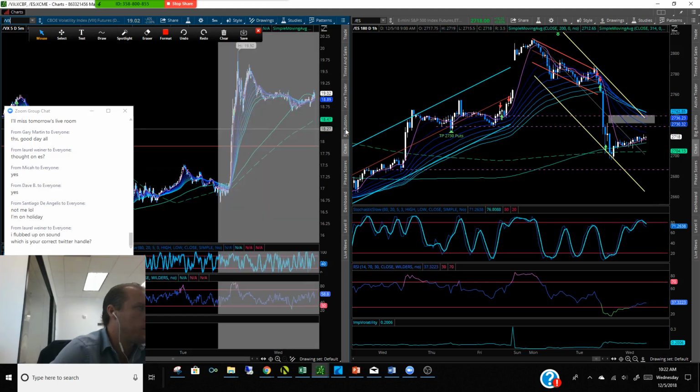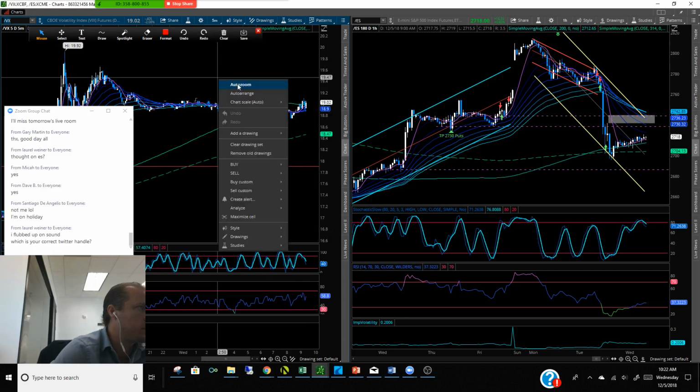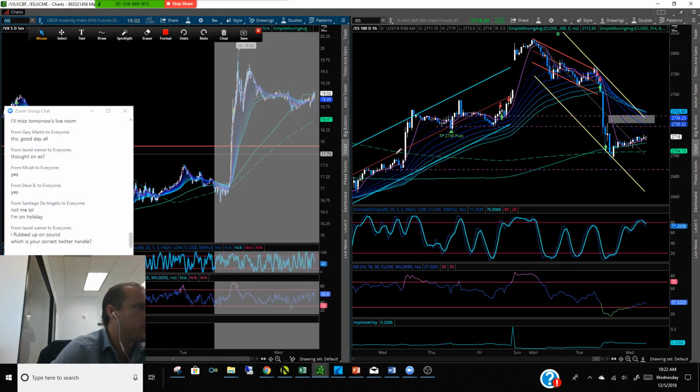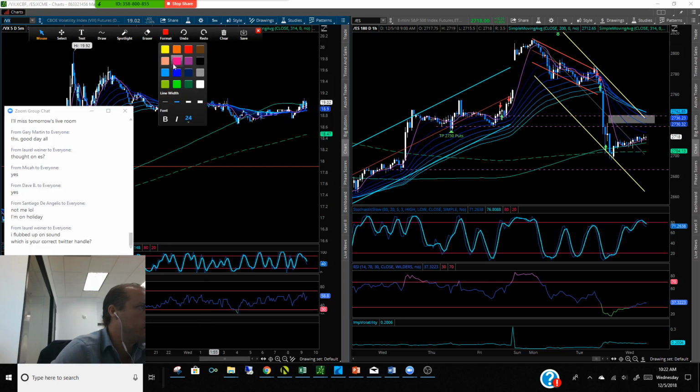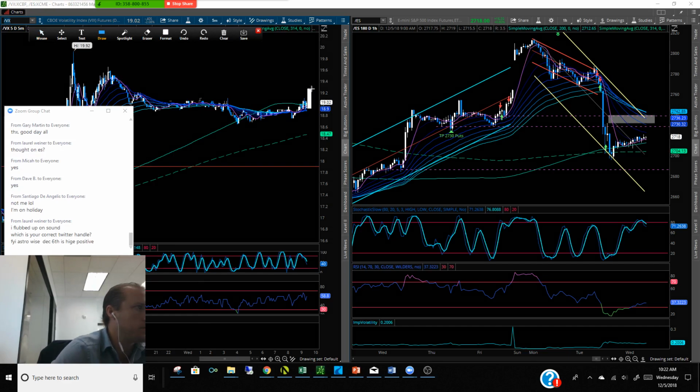But if we don't get that and the market just goes sideways and then stocks collapse again, what I'm looking for is a bullish candle like this, just to pop up. Something like if I start to see this, I don't know if it'll be tonight, hopefully.